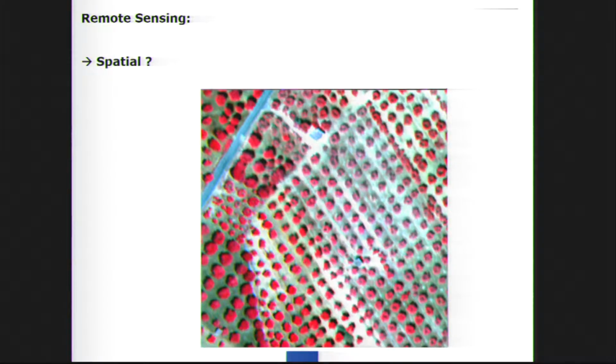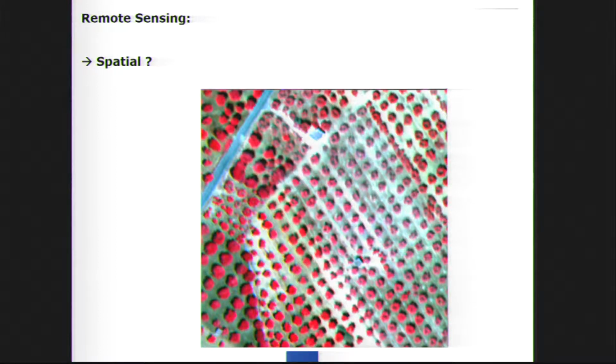Remote sensing, depending on the community in which I present this type of slides, is regarded as spatial remote sensing, because for many people, remote sensing means looking at many different objects, trees in this case, from the distance, and looking at the spatial variability of the area.